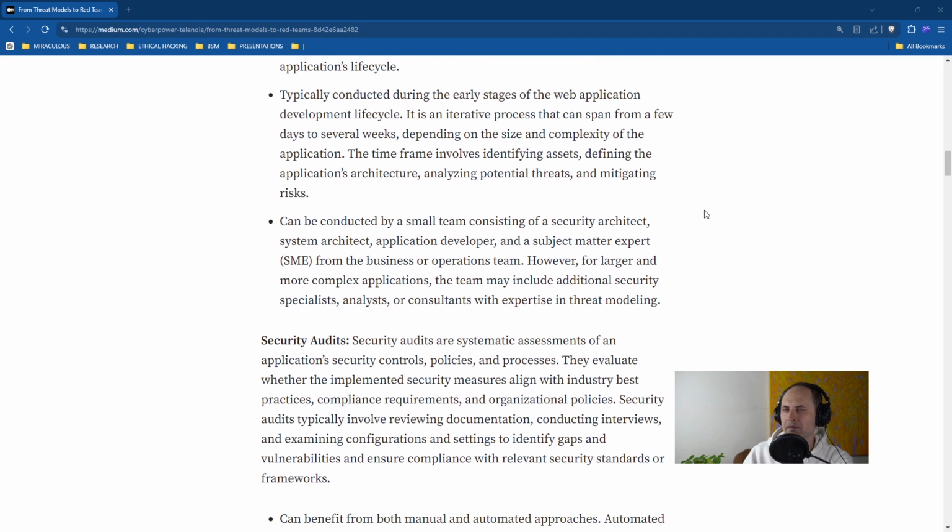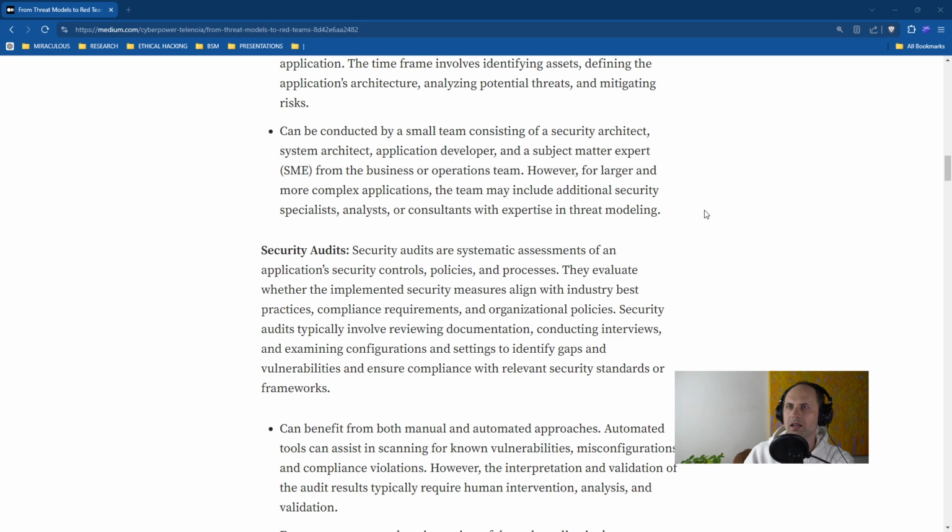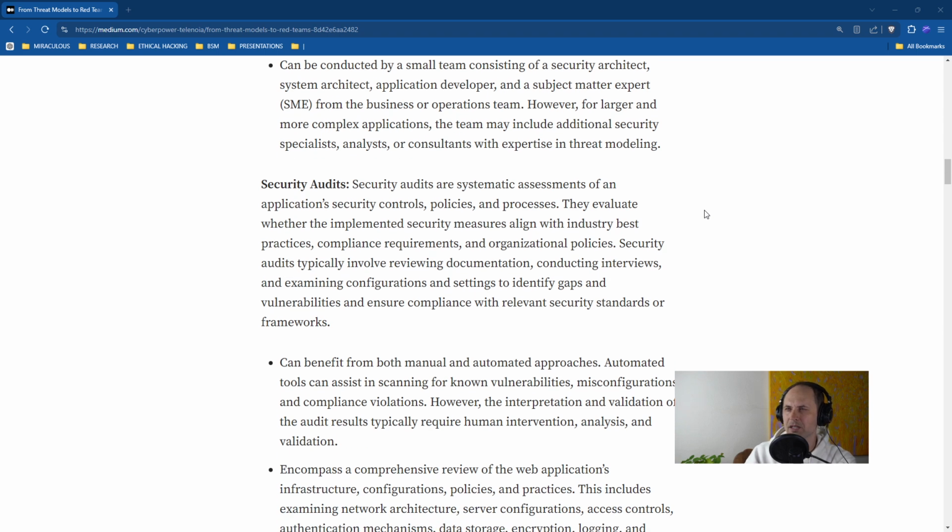The time frame involves identifying assets, defining the application's architecture, analyzing potential threats, and mitigating risks. It can be conducted by a small team consisting of a security architect, system architect, application dev, and a subject matter expert, SME, from the business or operations team. For larger and complex applications, the team may include additional specialists, analysts, or consultants with expertise in threat modeling in particular.